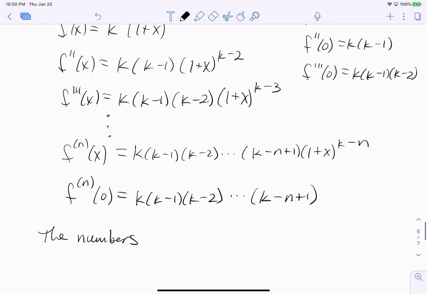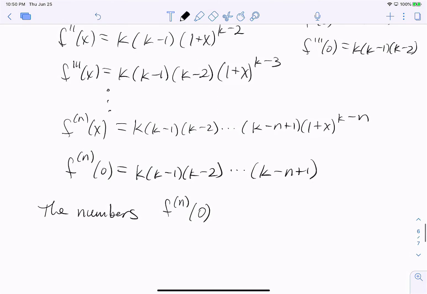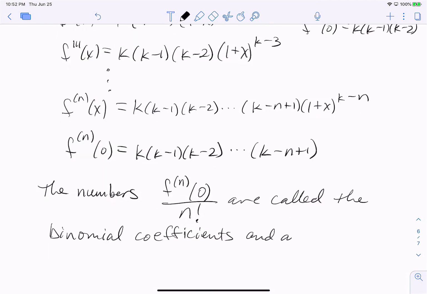Now remember, we've been developing series that have terms: the nth derivative evaluated at a, in this case a is 0, divided by n factorial. Those are the coefficients of our power series expansions, right? Our Maclaurin series expansions. In the case of this particular series, these numbers are called the binomial coefficients and are denoted parentheses k on top, n on bottom, no fraction bar.